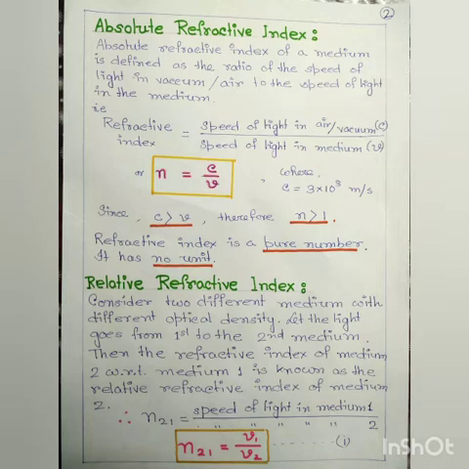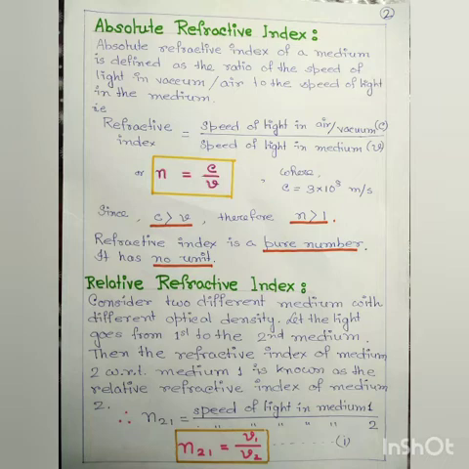For that, we will consider two different mediums with two different optical densities. Let the light go from the first to the second medium, then the refractive index of medium 2 with respect to medium 1 is known as the relative refractive index of medium 2.